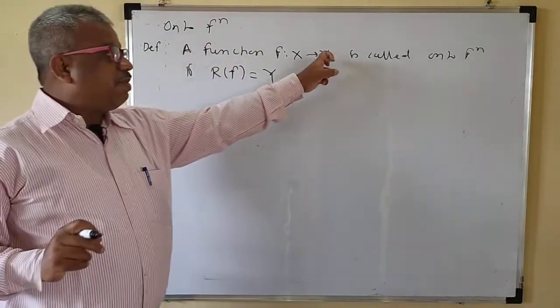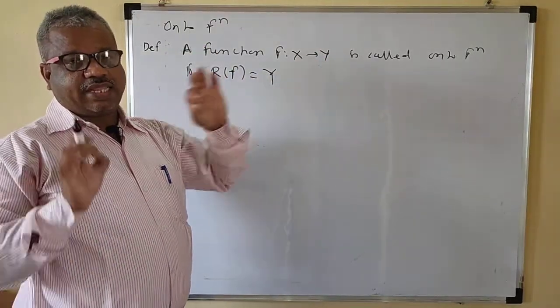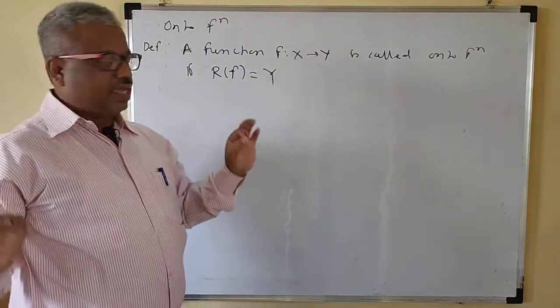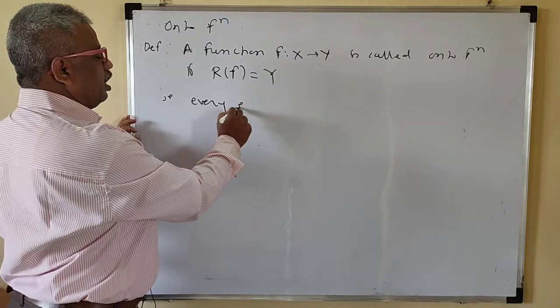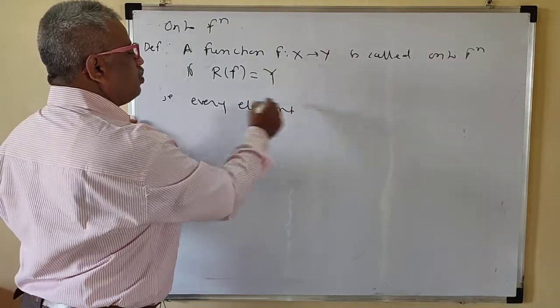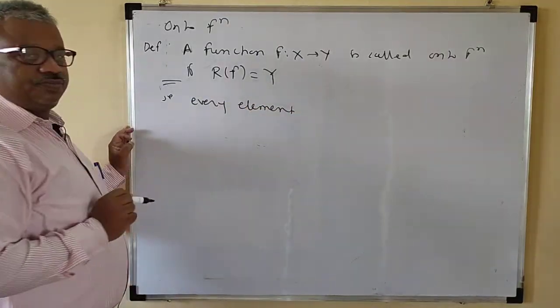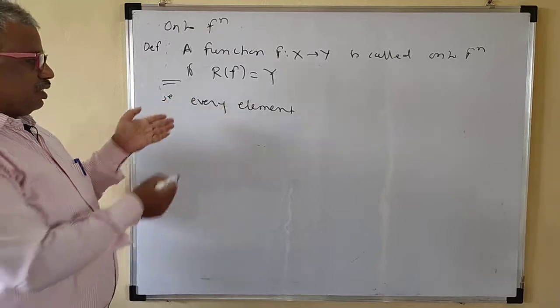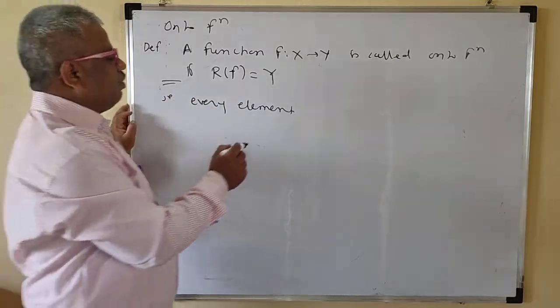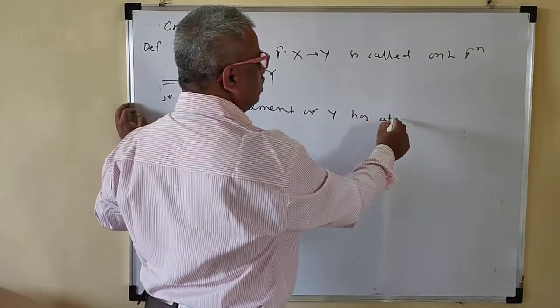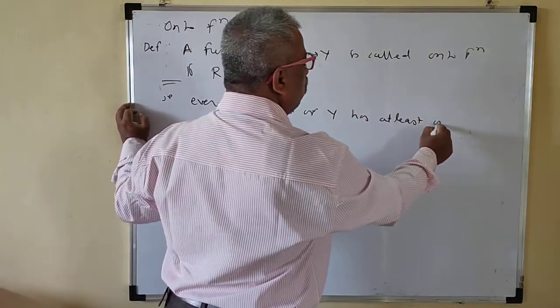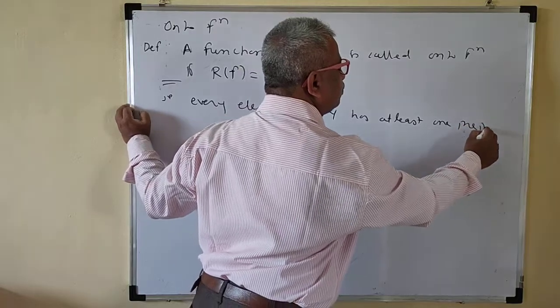That means every element of Y has at least one pre-image in X. This is the verbal form; this definition is enough. I am just writing the meaning of this: every element of Y has at least one pre-image.